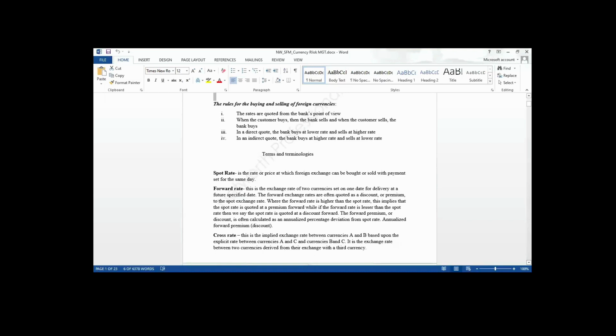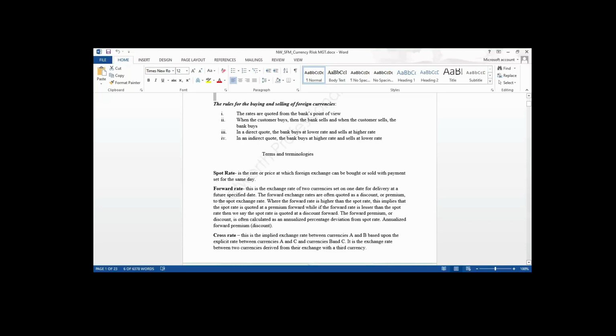Forward rate is the exchange rate between two currencies that is agreed today for transaction that will happen at a future specified date.